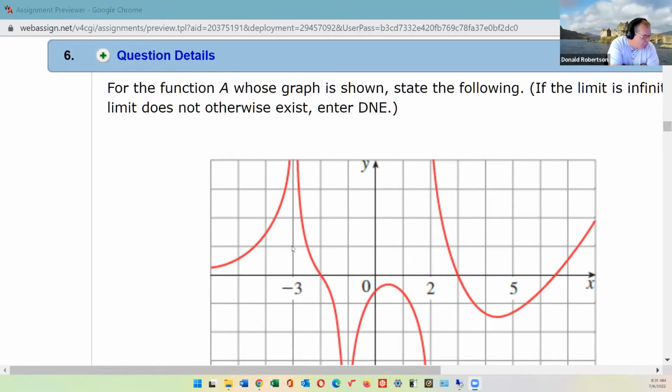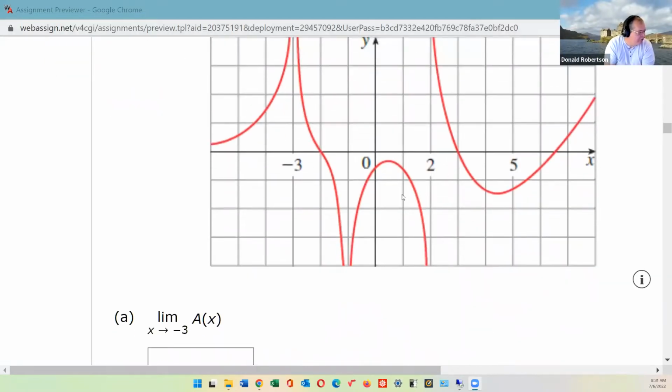The only thing that would change is that the value of the function actually exists now, so f of negative 3 would be 1. Normally, when you don't have that, the value of the function is undefined or does not exist. So if I asked you what's the value of f of 2, you would say does not exist. If I said what's f of negative 1, doesn't exist, and so on.